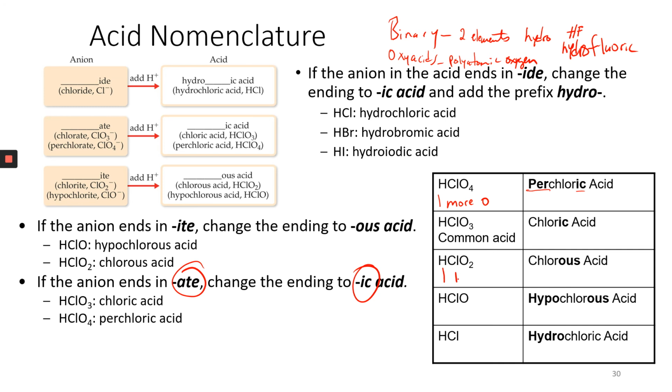If you have one less oxygen than the common, your ic becomes an ous. If you have 2 less oxygens, you have hypo-ous. And remember, if you're a binary acid, it's hydrochloric. That's how you name your acids.